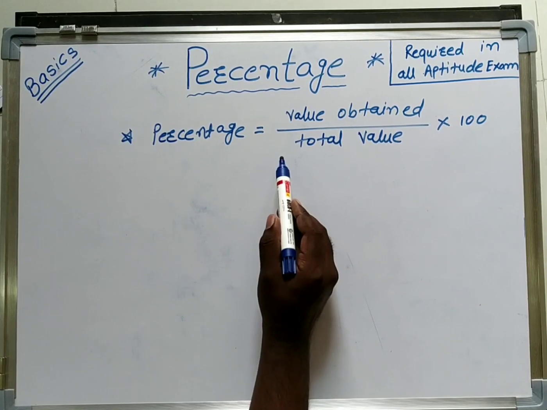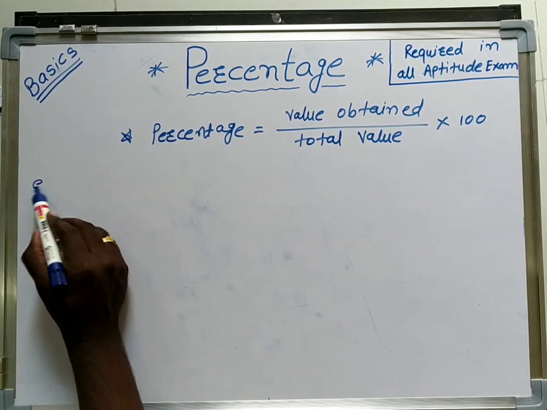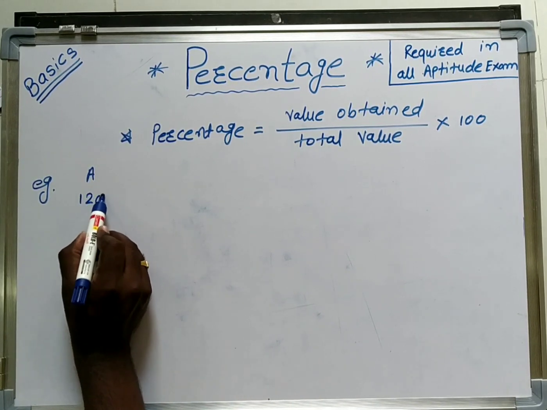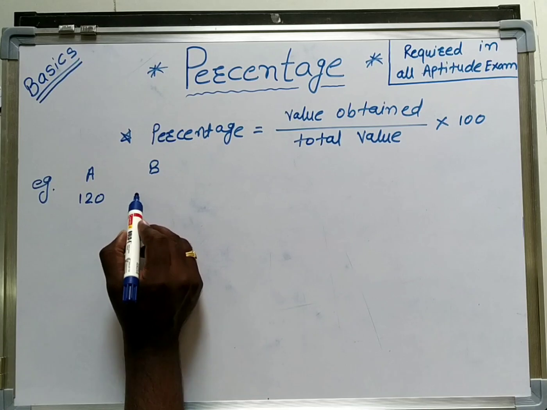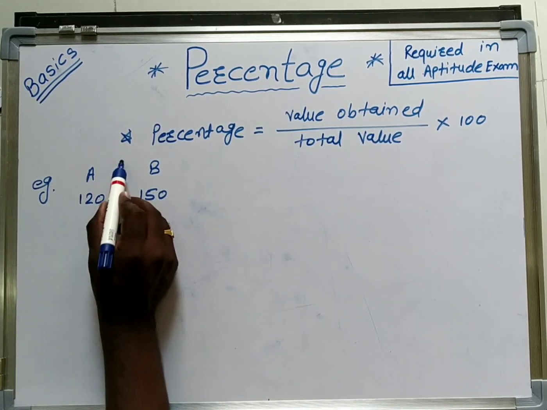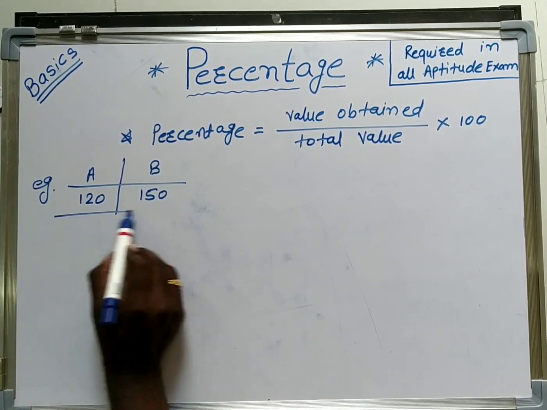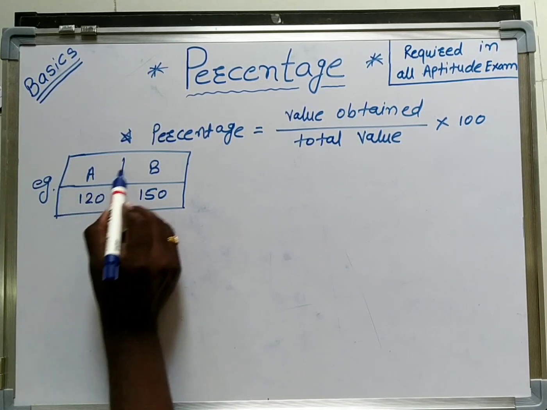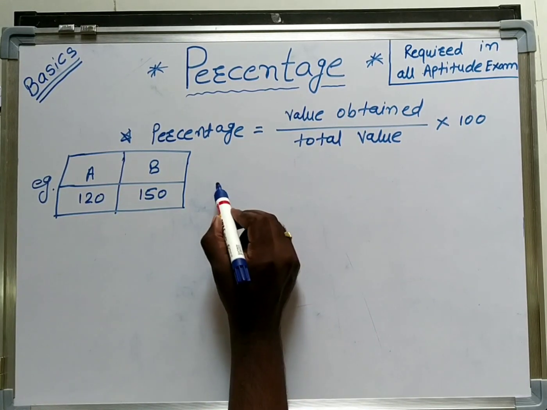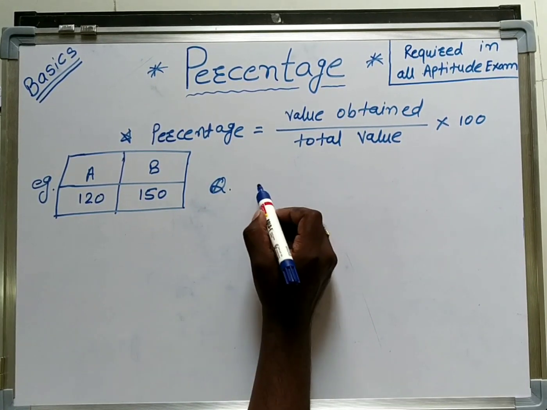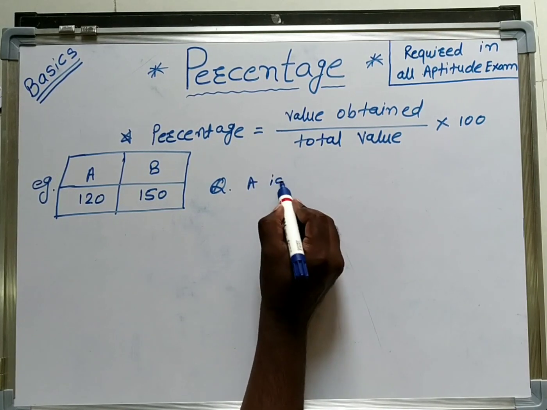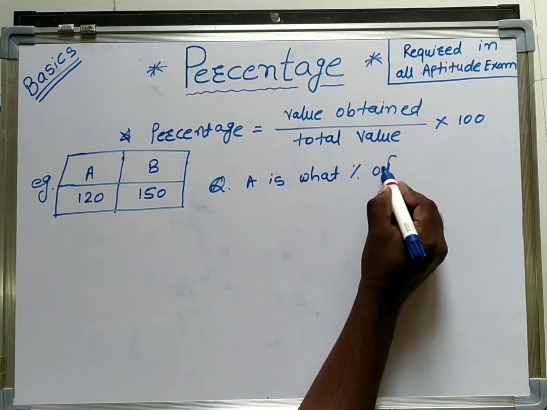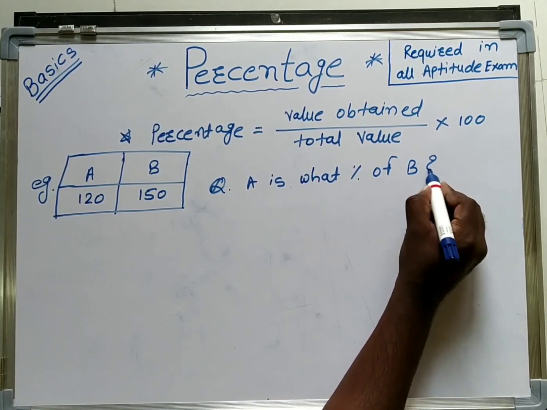Now let us consider an example: the value of A is 120 and the value of B is 150. If the question is, A is what percent of B?